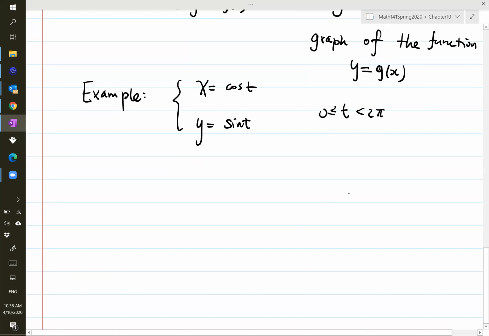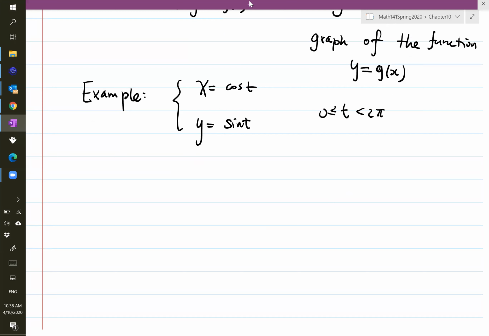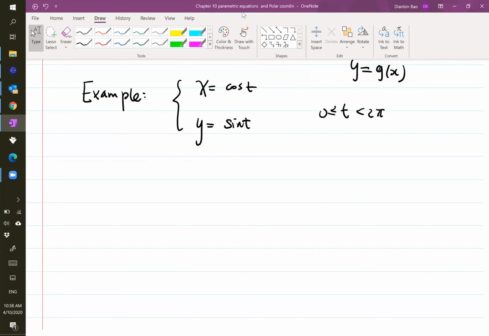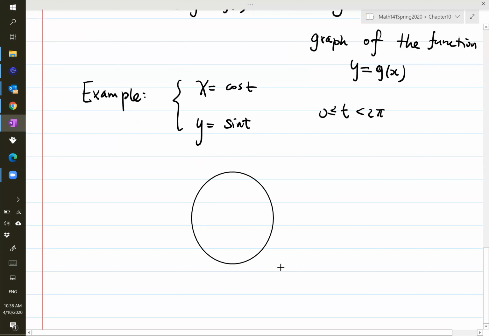Remember, if we have a unit circle, now this angle is t.